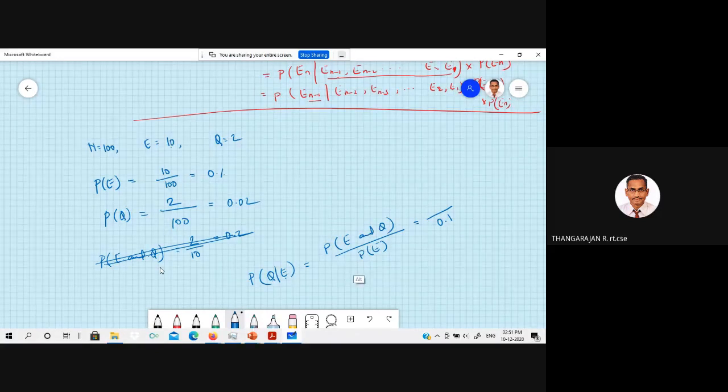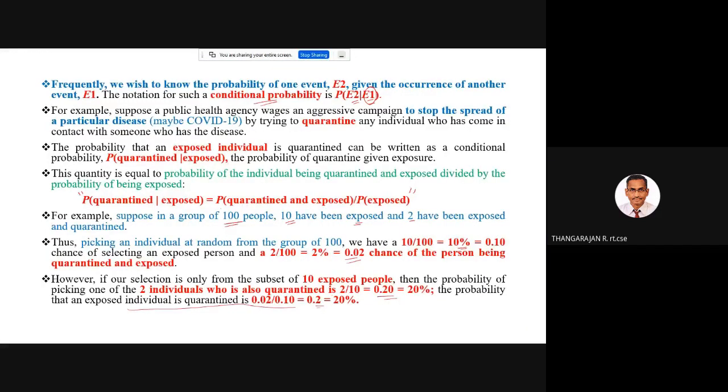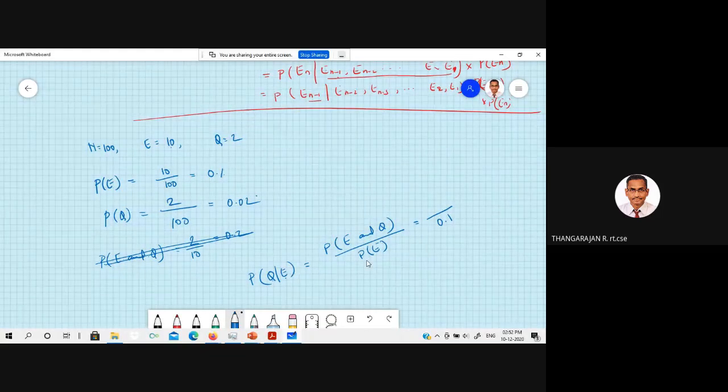And 0.02 is the chance of selecting a person being quarantined and exposed. Sorry, I made a mistake. A person who is exposed and quarantined is 0.02, so it's 0.02.